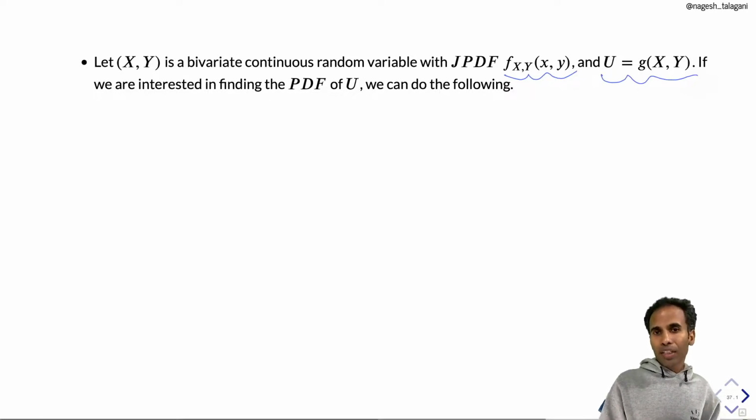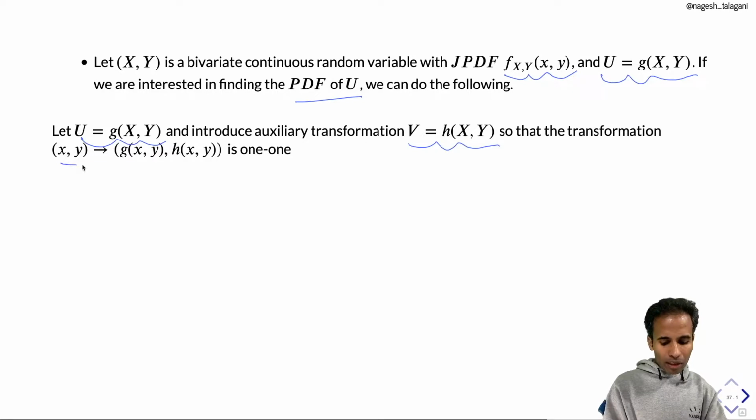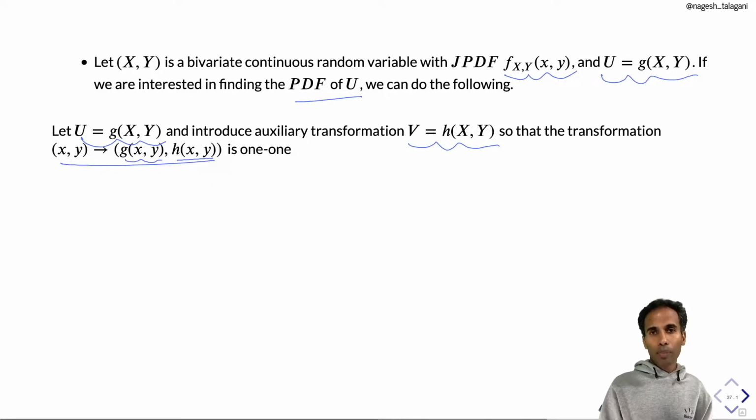If we are interested in finding the PDF of u, then we can do the following. First we take u equal to g of x, y as one transformation. Now introduce another auxiliary transformation v equal to h of x, y, so that this mapping is 1 to 1. That is, x, y to g of x, y comma h of x, y should be a 1 to 1 mapping.